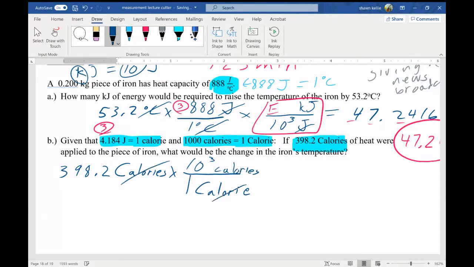So we've crossed out our capital C calories. We don't want lowercase c calories, so we're going to have to cancel them out. We want to know temperature change. Well, I see a unit conversion between lowercase c calories and joules, and I know the relationship between joules and degrees Celsius. So let's go there.